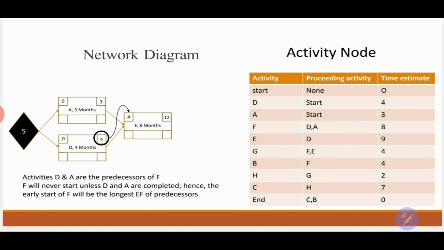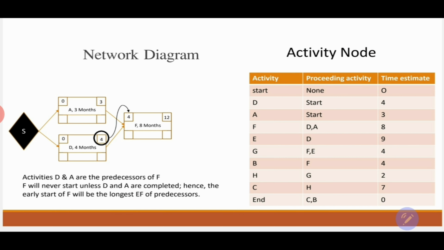So for F to start, both activities are supposed to be completed. Then activity D, the one that has the highest early finish, is the one that will be selected. So we're going to take it as a rule: whenever we have two predecessors for an activity, we select the highest value of early finish of the predecessors.